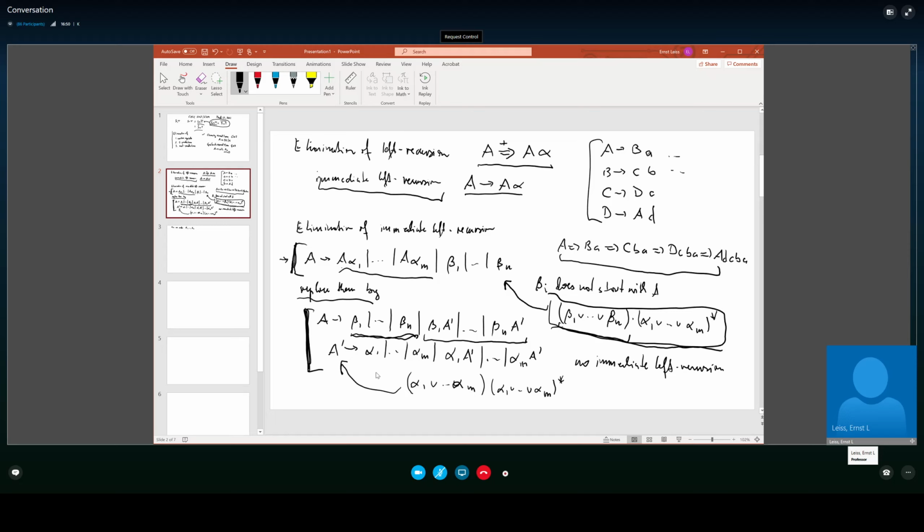No, A prime is a variable. Okay, so A prime is a variable that generates stuff. So the right-hand sides of the A prime productions are the alphas, as well as the alphas followed by A prime. And we're going to replace the previous A productions by this set of A productions and the A prime productions.